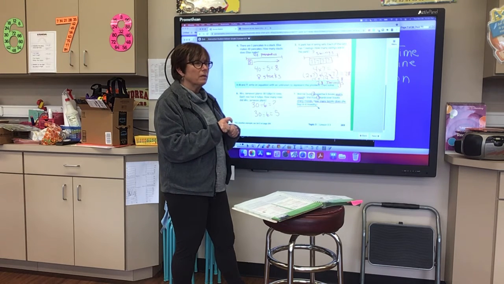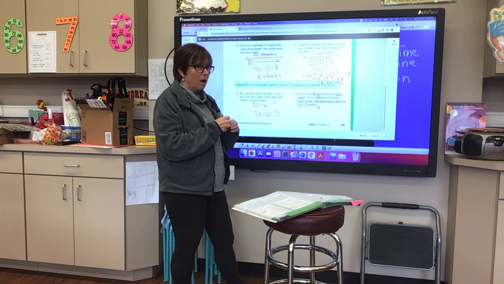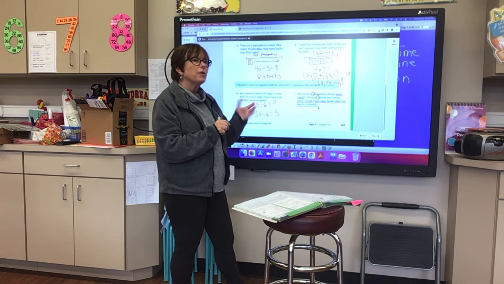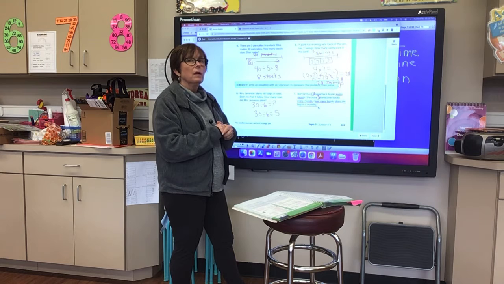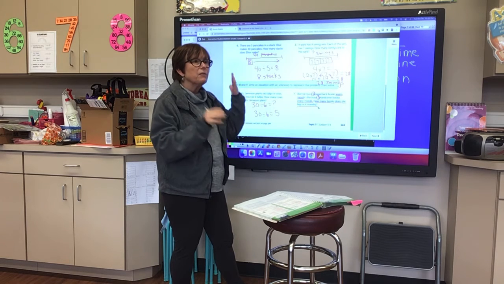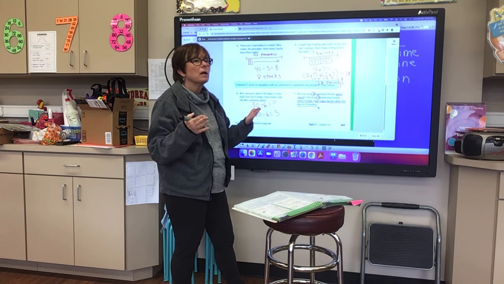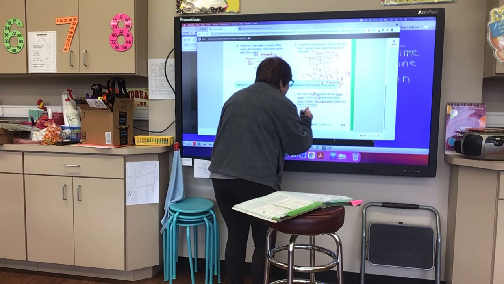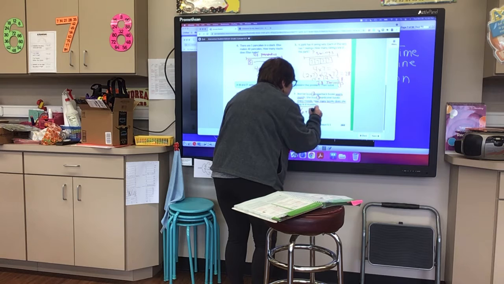Does she buy any other books in a month? 2 books. Okay, so how many books does she buy in a month? 8. She buys 8 books in a month, right? So did we do an equation already? We already figured out one equation. 6 plus 2 equals 8.